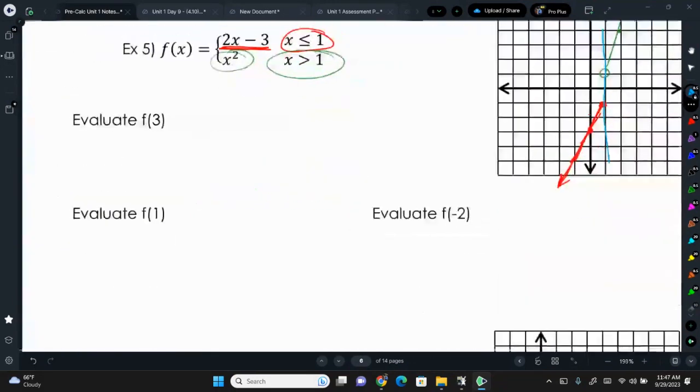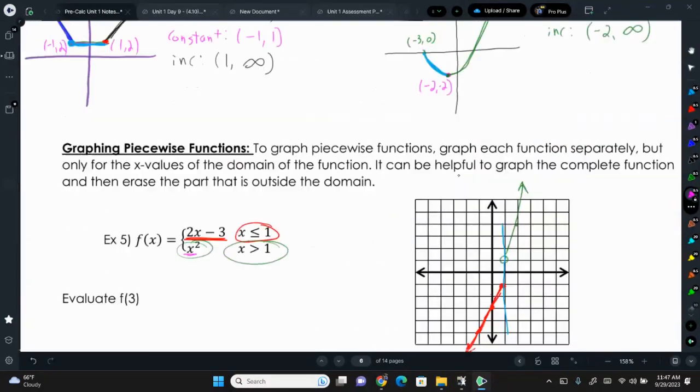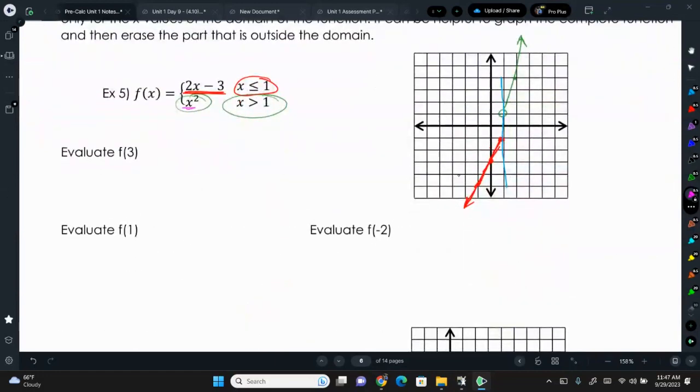So then we can evaluate these. Evaluating f of 3, well, f of 3 means we're going to use the second function. So f of 3 is going to be 3 squared, which is 9. F of 1, well, 1 is less than or equal to 1, so we're going to use the top function, 2 times 1 minus 3, which is negative 1.